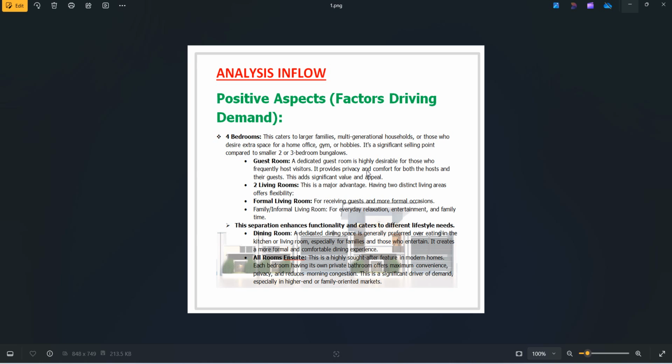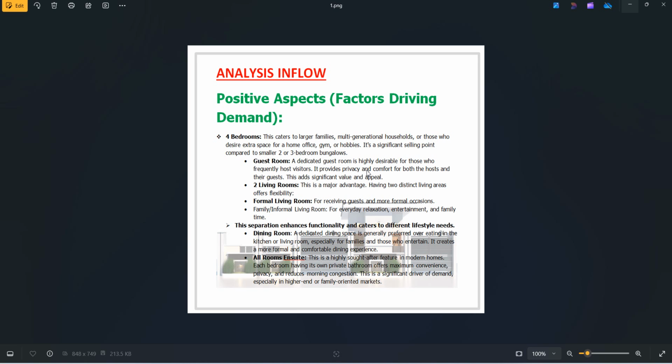There are some positive aspects to this, which are the factors that drive the demand for it. The 4-bedroom bungalow caters for a large family, a multi-generational household, or those who desire extra space for their home or office. Because I have a large room like this, some people convert some of the rooms to their own hobby, for a gym or whatsoever. Another factor influencing this is the guest room.